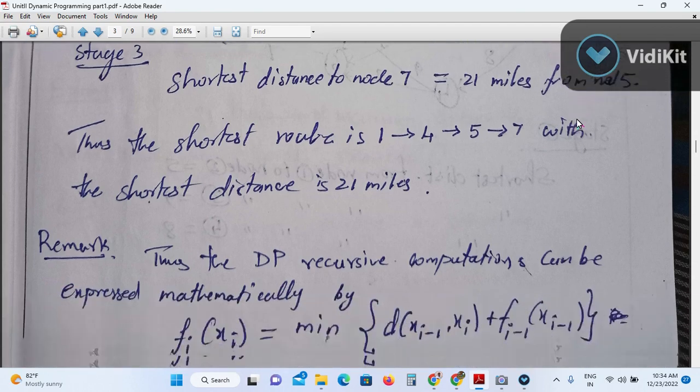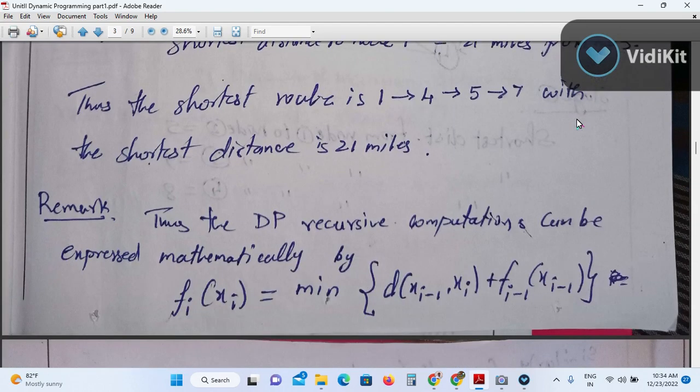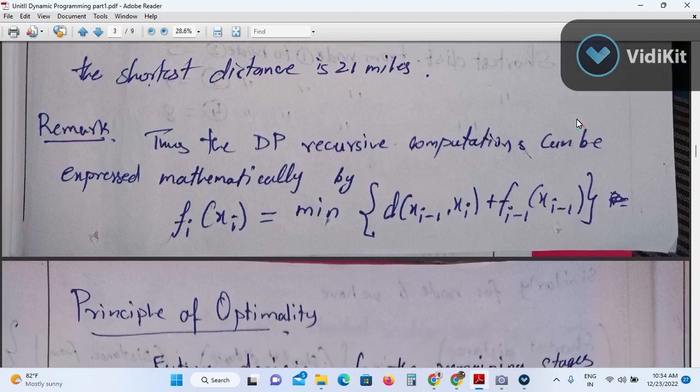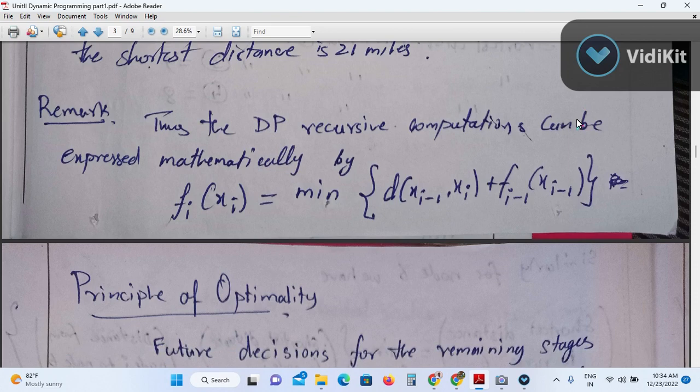I hope you understood this example. Now going to the next topic, maybe we can put this in the standard form. In the previous example, we put it in word format only, the shortest distance at xi. Here you put it in the mathematical sense: the distance from xi minus 1 to xi plus the distance assigned at the particular node, that is fi minus 1 of xi minus 1.